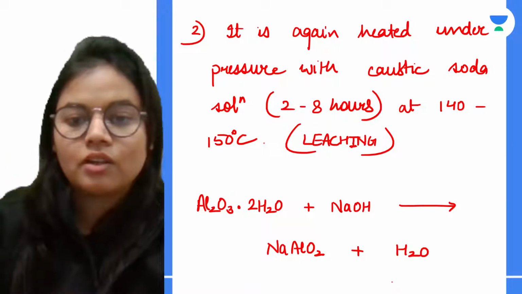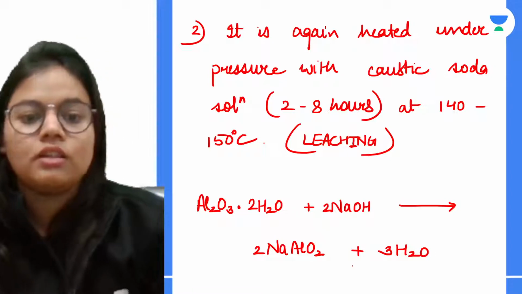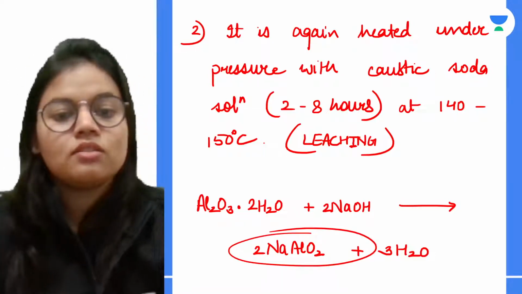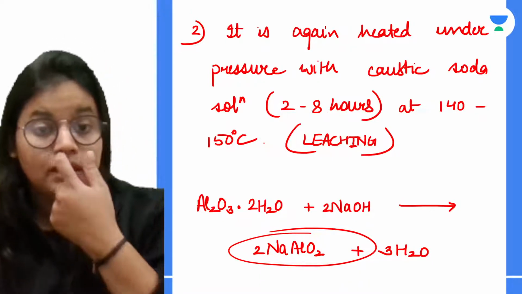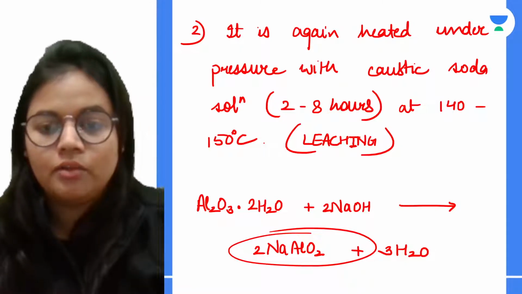Balancing the equation, this is our final equation. Now this product is known as sodium meta-aluminate. Basically what is happening, the bauxite is dissolving and providing sodium meta-aluminate.